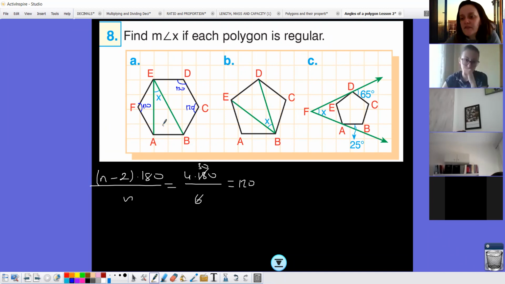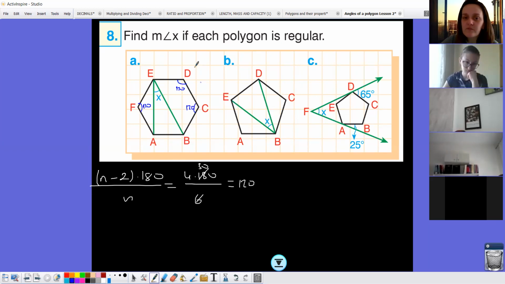But it's not given that it is 90. It seems like it is 90, but it's not given. Maybe by working we can find that it is 90, but directly we cannot use 90 because it's not given anything about it.